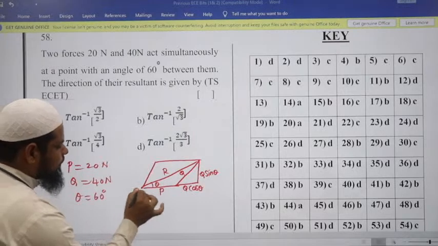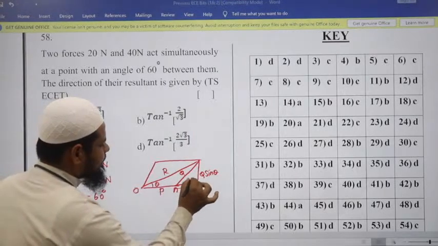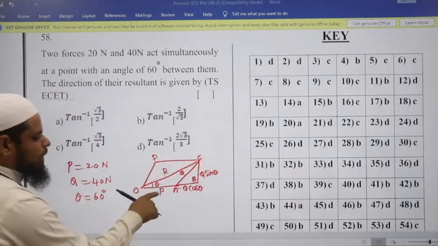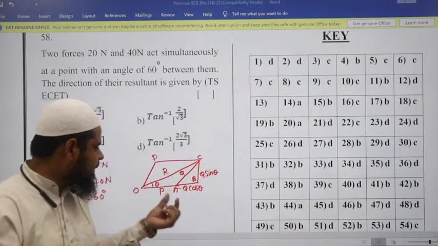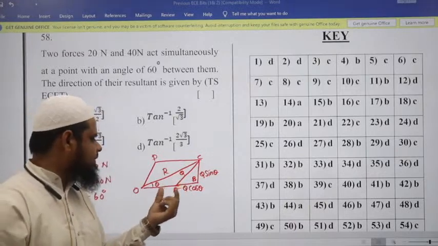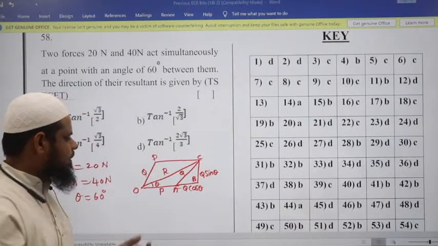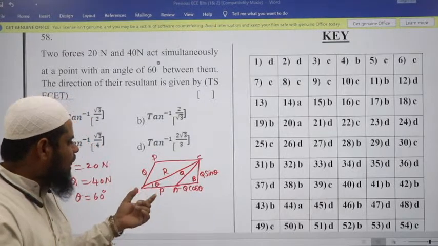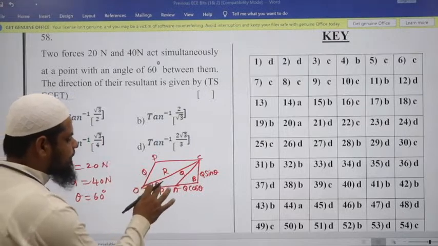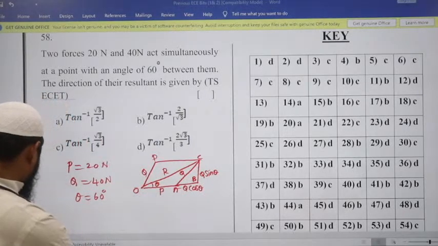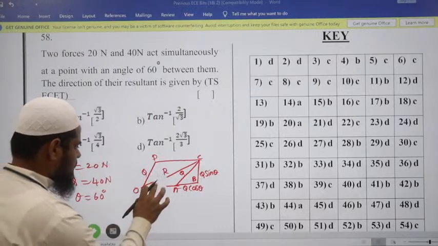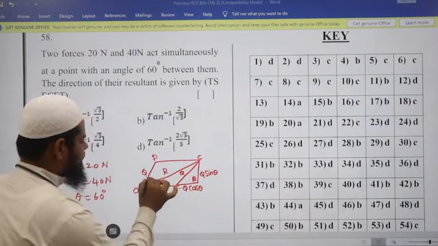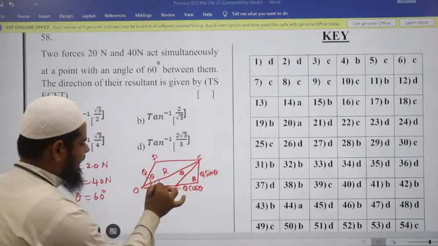Now O, A, B, C and D. From the parallelogram law we know that P and Q are two vectors, which are two adjacent sides of a parallelogram. Then this is the resultant. Now I need the angle here. This is theta, and I need this angle alpha.